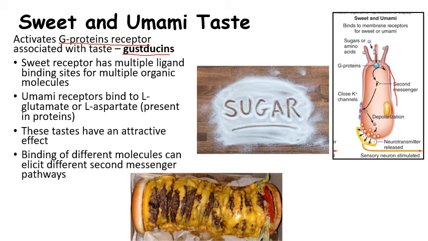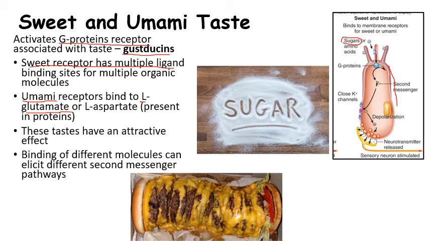For sweet, there are multiple chemicals that can bind to the receptor to elicit a response, but most of those are going to be sugars, those monosaccharides. And for umami, the receptors are going to respond because it is a meaty flavor, meaning proteins are involved, amino acids, glutamate and L-aspartate, which are present in most proteins, and therefore these are going to elicit the response for that meaty flavor, that umami taste.